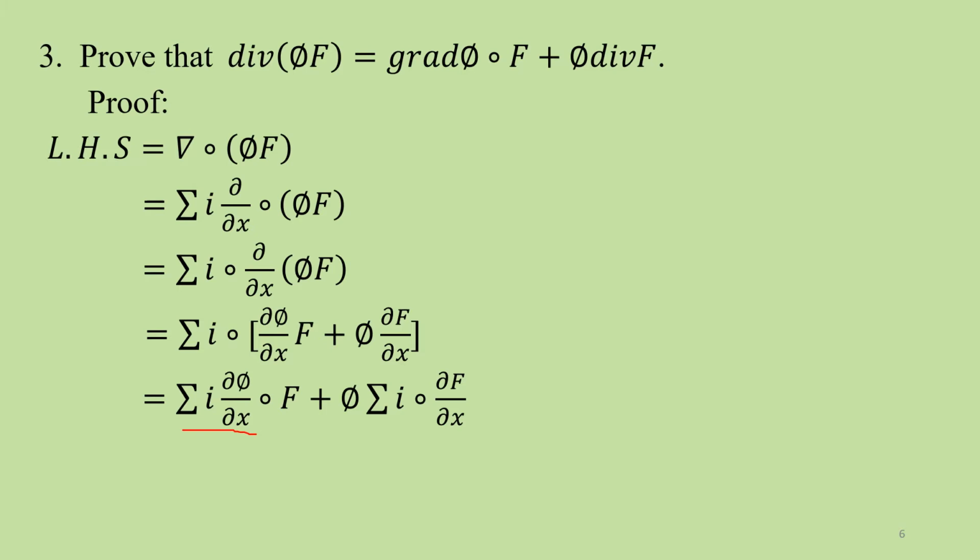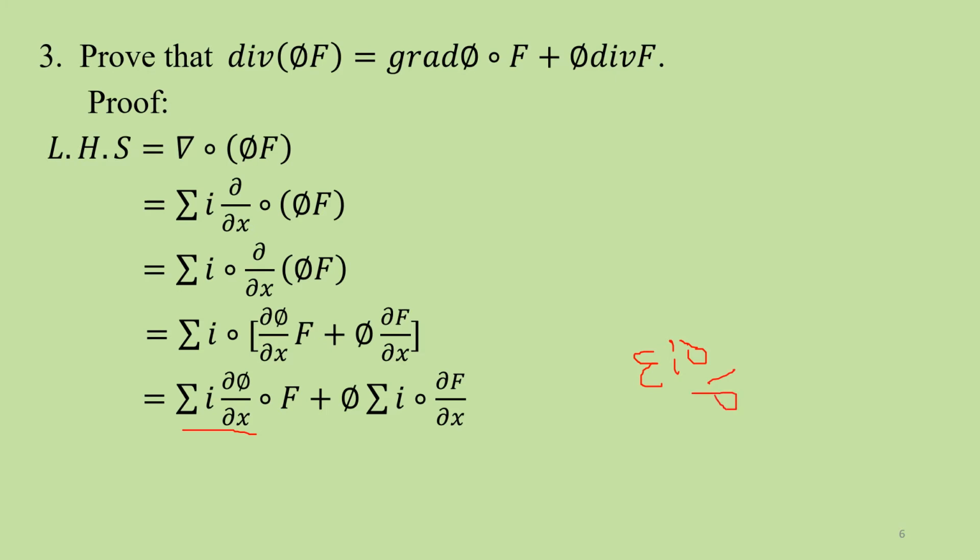Similarly, now the second summation, summation i of i dot phi dou f by dou x, where phi is a scalar, so I can shift it anywhere I want. So I have taken it totally out, that is, phi times summation i of i dot dou f by dou x. Now summation i of i dot dou f by dou x, I can write as summation i of i dou by dou x dot f.